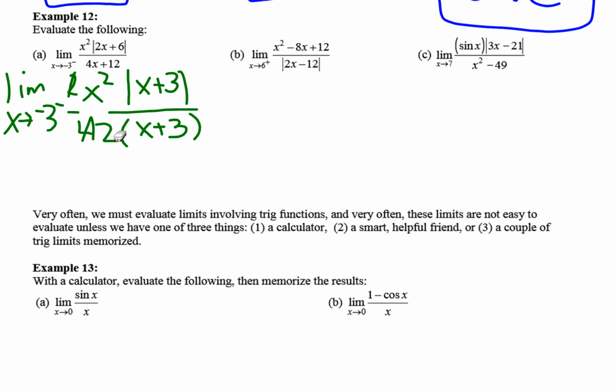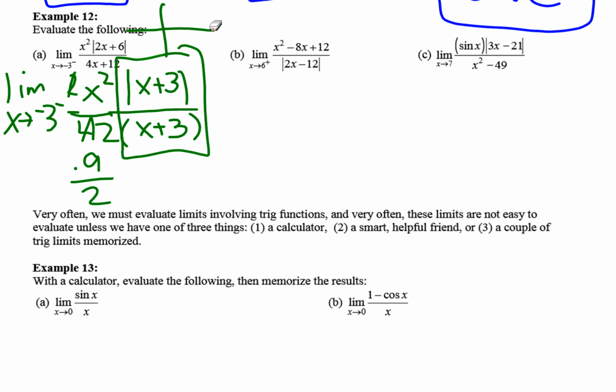So limit as x approaches -3 from the left, x squared over 2. Now we have it over 2. And now I just have to determine on the left side of this graph, is it negative or is it positive 1? So imagine to do this, left 3, so on the left side, it's -9/2.